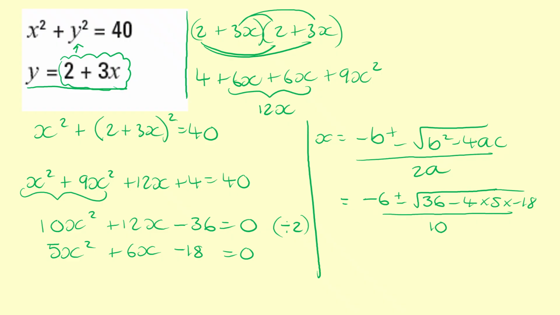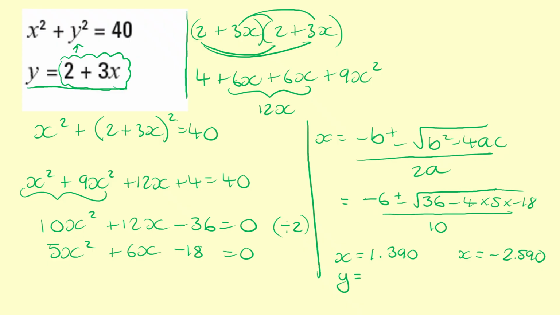So we should get an x value of 1.390 and an x value of negative 2.590. And then the corresponding y values, you're going to do 3 of these and then add 2.